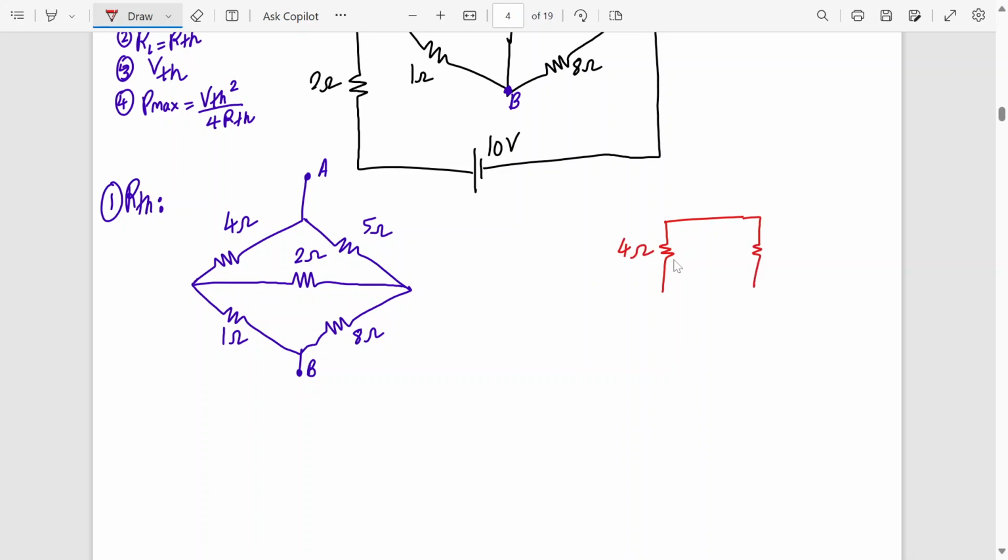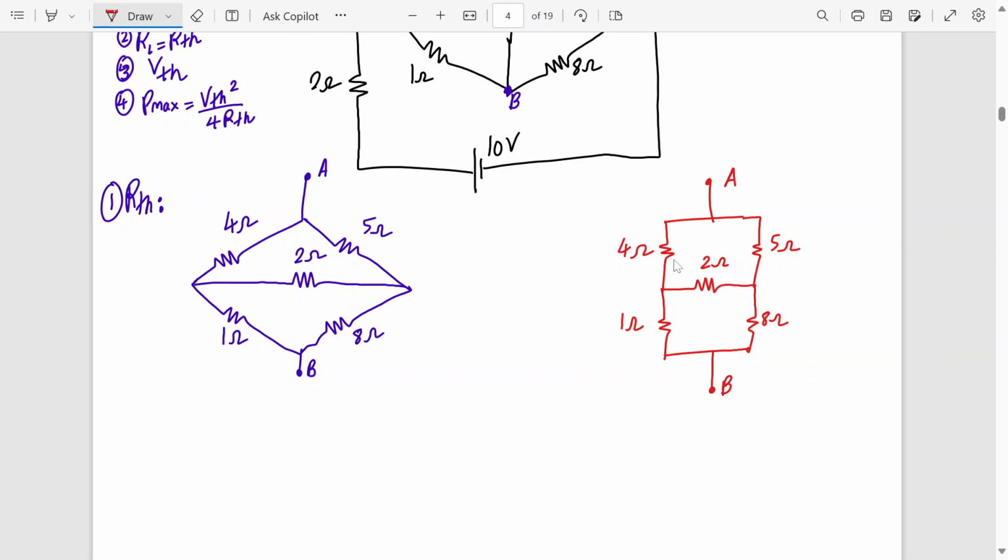Okay, 4 ohm, 5 ohm, and this was A. But right now they are not connected. There is a 2 ohm resistance, and then we have another 2 ohm like this, 1 ohm, 8 ohm, and then this is B. Now tell me whether they are in series or something.